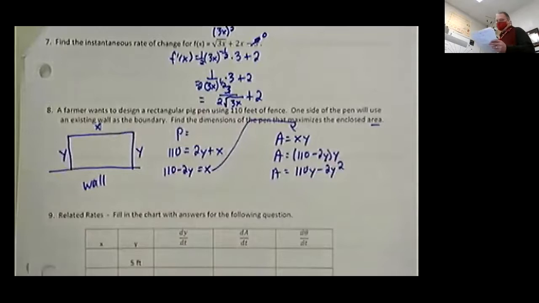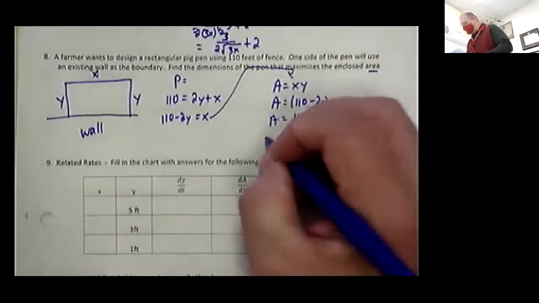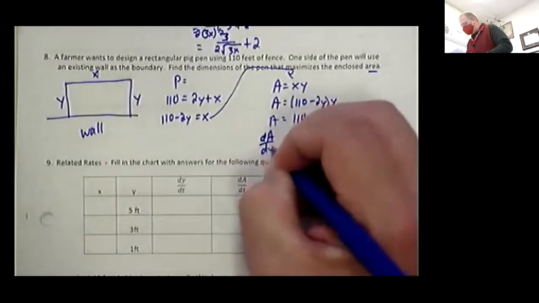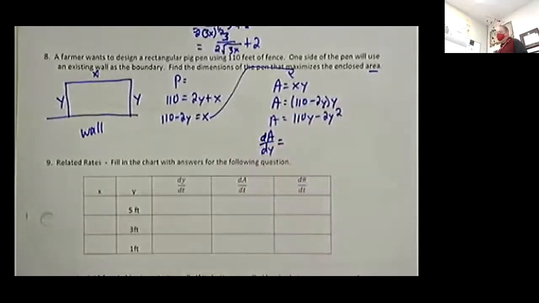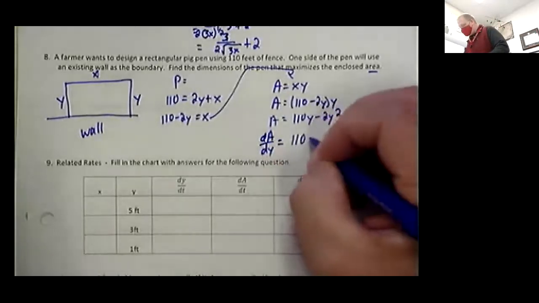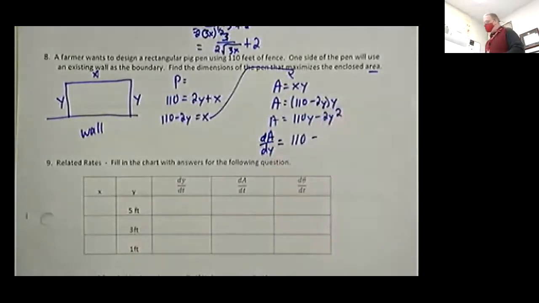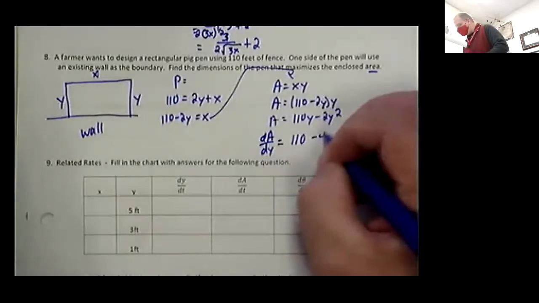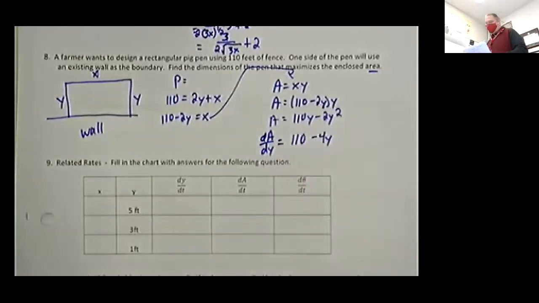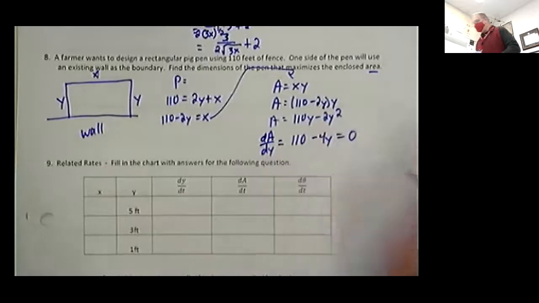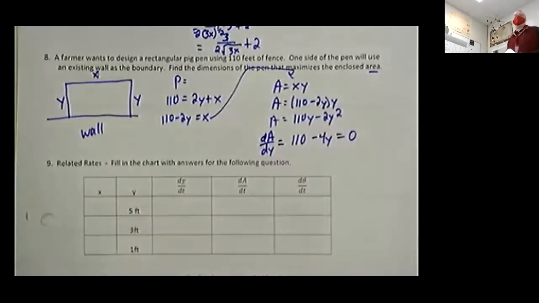Now I'm going to maximize. To maximize, we're going to take the derivative of area with respect to y. So I want dA/dy. The derivative of 110y is 110. The derivative of 2y squared is negative 4y, and we're going to set that equal to 0, because that's where the first derivative has a max or min.